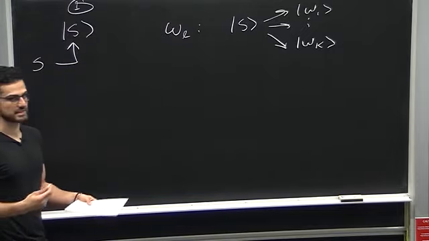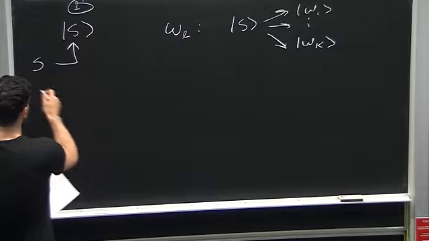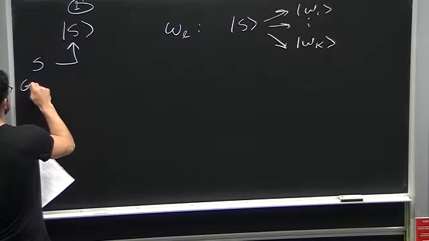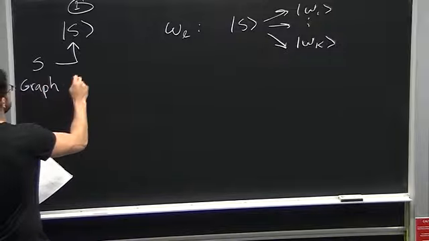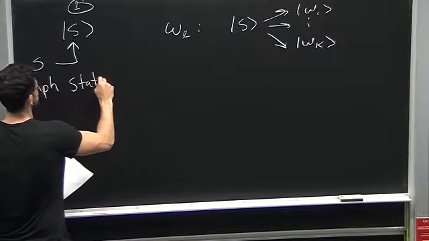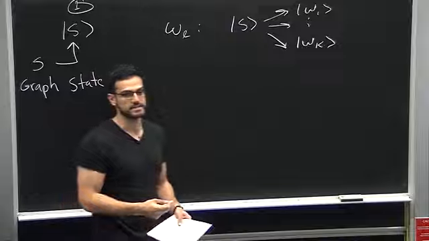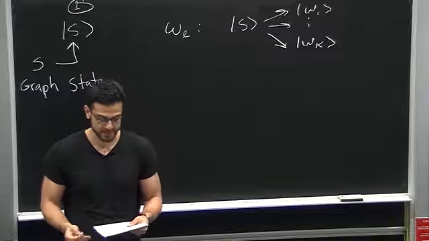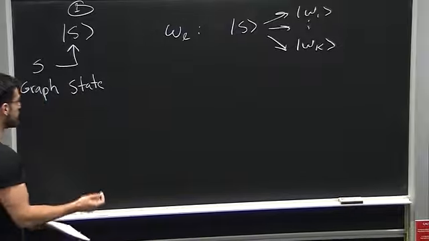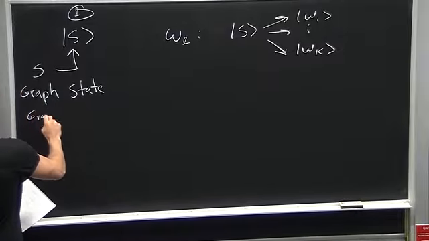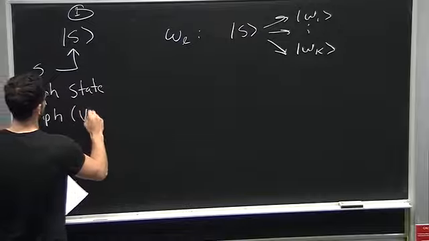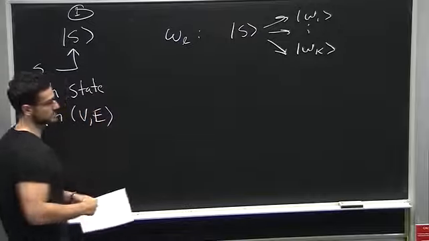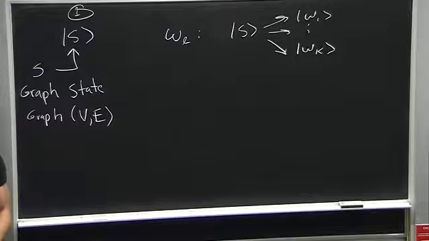Well, to get the use of this structure, we first have to look at graph states. So a graph state is a quantum state that can be represented by a graph. If you don't know, a graph is an ordered pair of vertices and edges.